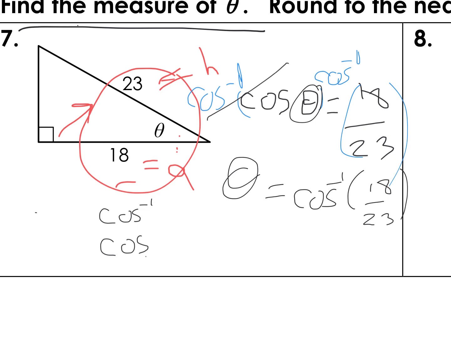Students showed me yesterday that when you go to your trig functions, you can just see the list and see the inverse cosine, and just type it in. Press the inverse cosine button and type in this whole fraction. Don't round the fraction first into a decimal and then do the work. You need the whole answer, all of the 18 over 23. Now, your answer will be rounded, and you need to put the degree sign or you're going to lose credit.